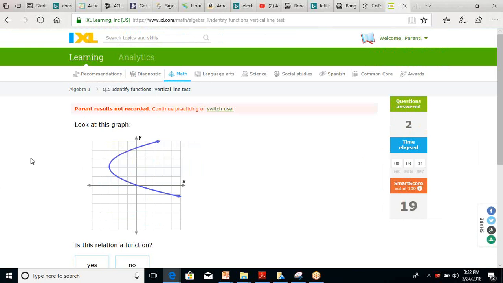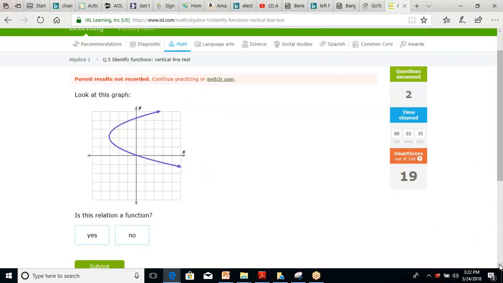Okay. All right, so let's look at this one. Each x value should only have one y value. All right, let's take this x value, 1. So this x value 1 is going to have a y value up here, because if you draw a straight line up, it has a y value there, and then it's also going to have a y value here.